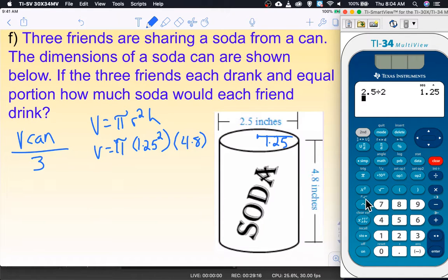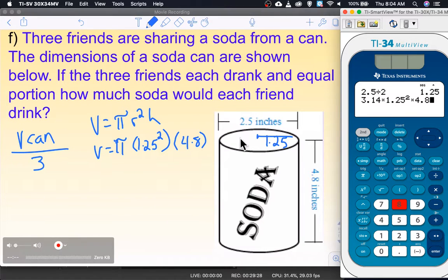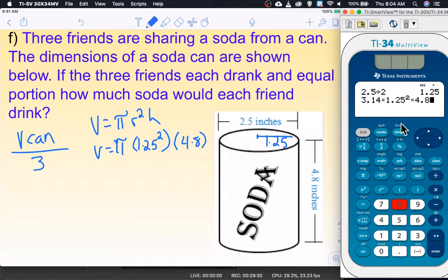So now calculating, we've got 3.14 times 1.25 squared times 4.8. I'm just double checking, make sure I didn't make any typos. All looks good. So the volume of the can is 23.55 inches cubed.